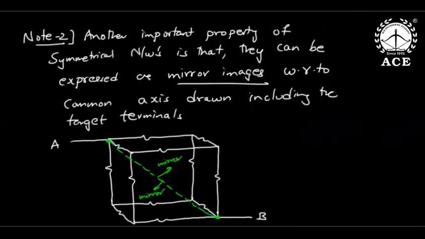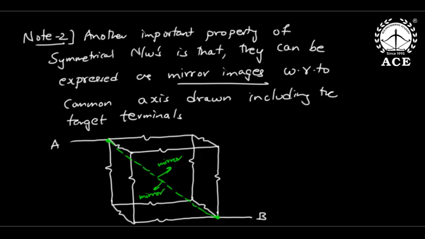Another important property of symmetrical networks is that they can be expressed as a mirror image with respect to a common axis drawn including the target elements. That is the meaning. Target elements, that is a thing that you have to understand.